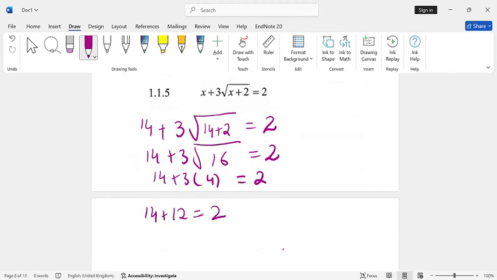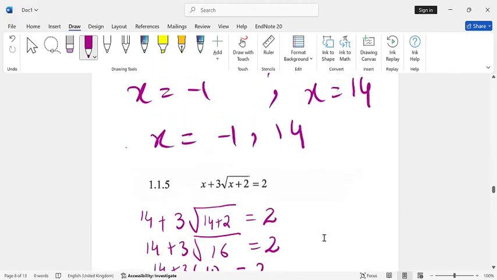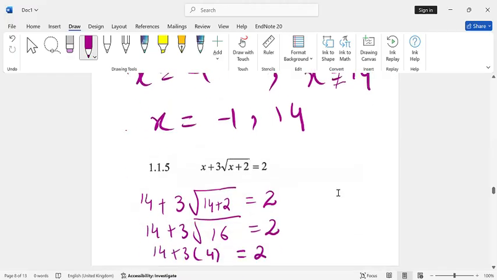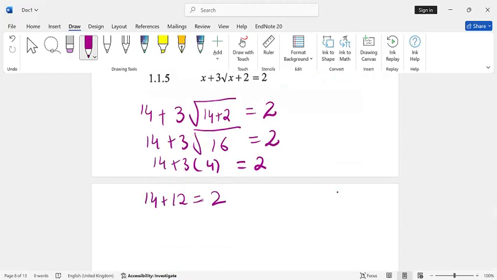This means that x is not equal to 14, okay? So we have the right equation over here, 3 square root of x plus 2 equals 2, okay?